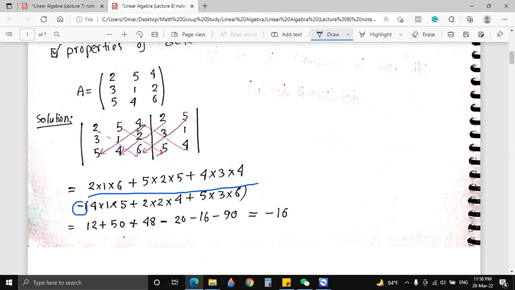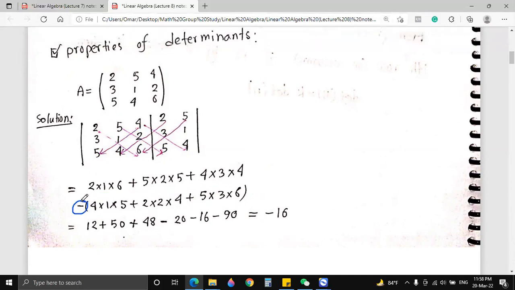So 4 1 5, so 2 multiply 2 multiply 4, and then 5 multiply 3 multiply 6. Instead of taking minus with all of them, we could take the minus as common. We can factor out this minus, so the sign inside will be plus.